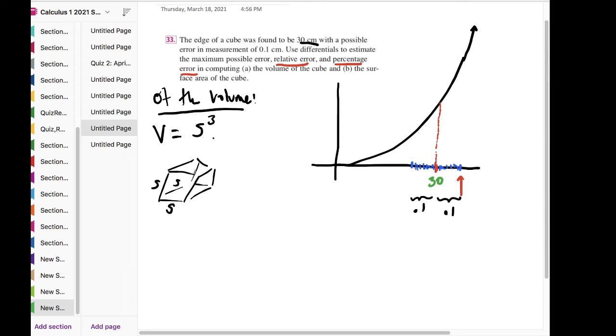From the actual value. Okay, so if you think of the tangent lines at these extreme points, then the actual value is somewhere in between here, right?